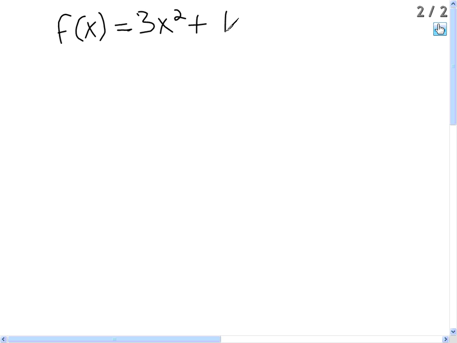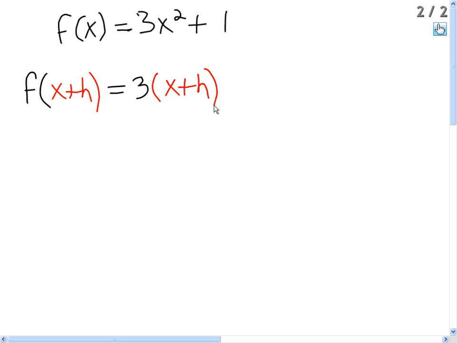So if I want to find f of x plus h, everywhere I see an x, I'm going to plug in x plus h. So that's 3, here's an x, so I'm going to plug in x plus h, and it's supposed to be squared. Then plus 1.